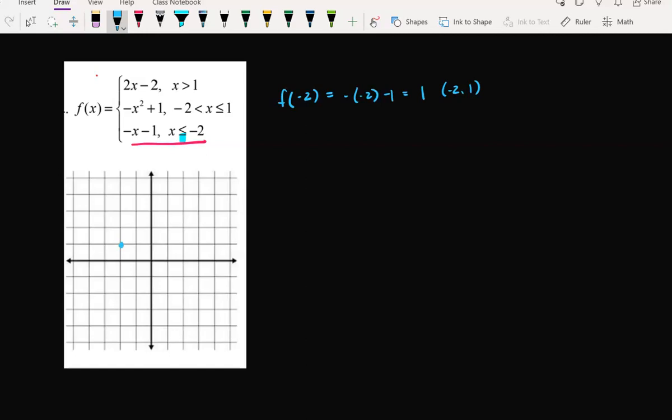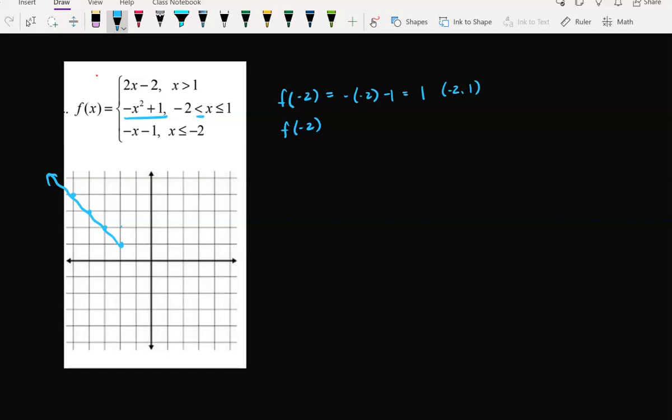You look at the slope of this. So that's up 1 to the left 1, up 1 to the left 1, up 1 to the left 1. Right. There we go. Okay, now even though the next one is a quadratic and doesn't have an equal to, I am going to check to see where f of -2 is on this quadratic, because I want to see if it starts at that point.